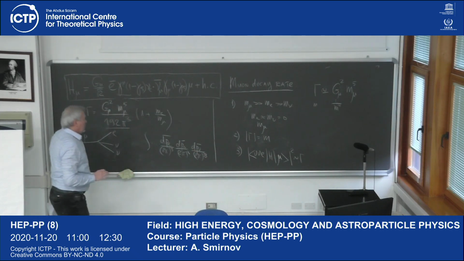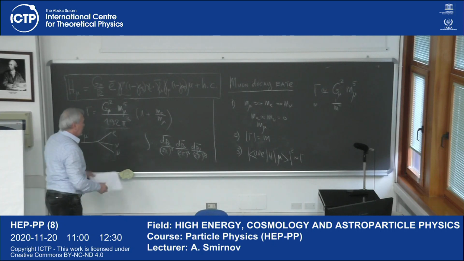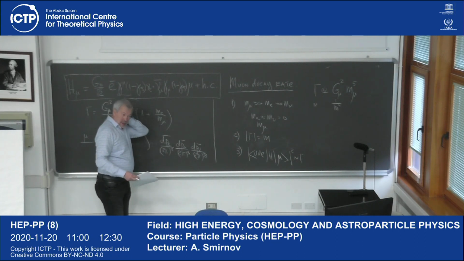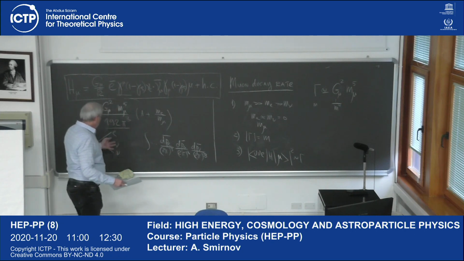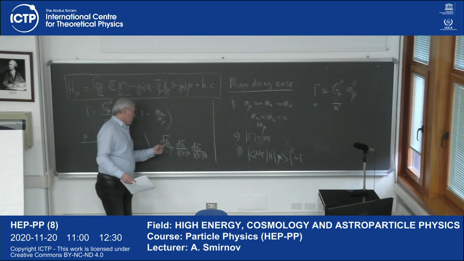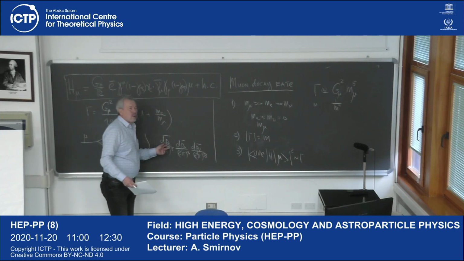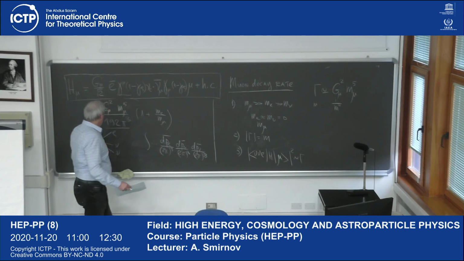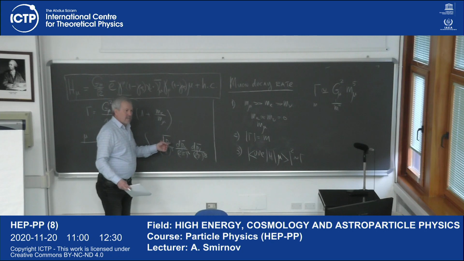Well, from this you can also see the following. When we are doing integration, we are integrating from 0 to the maximal value of these momenta. In the case of 3 particles in the final state, we may have the situation when, for instance, the electron has close to 0 momentum, and we may have the situation when all the momentum of the muon is taken by the electron.